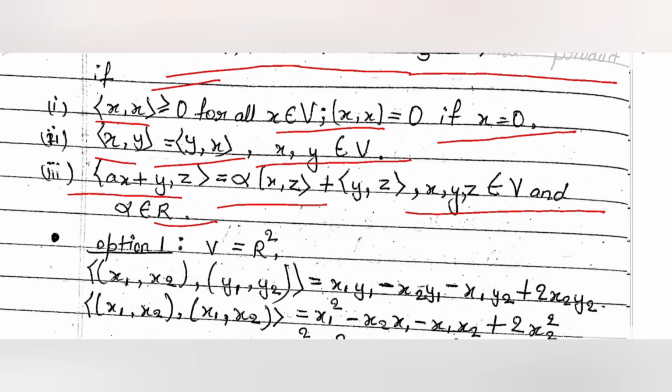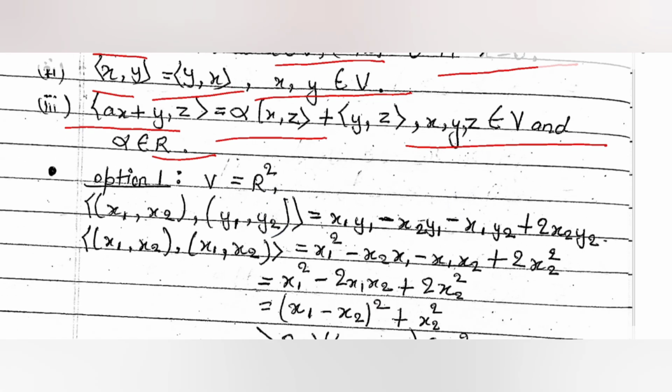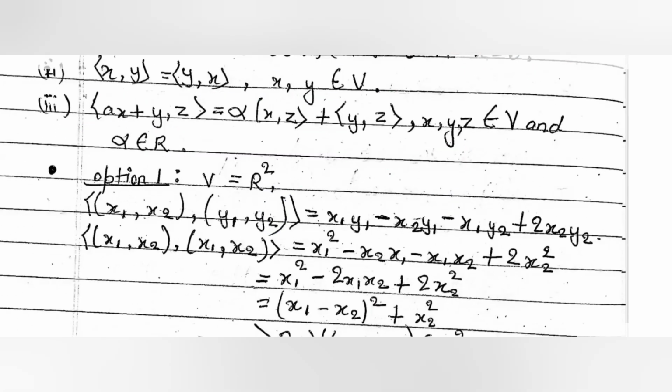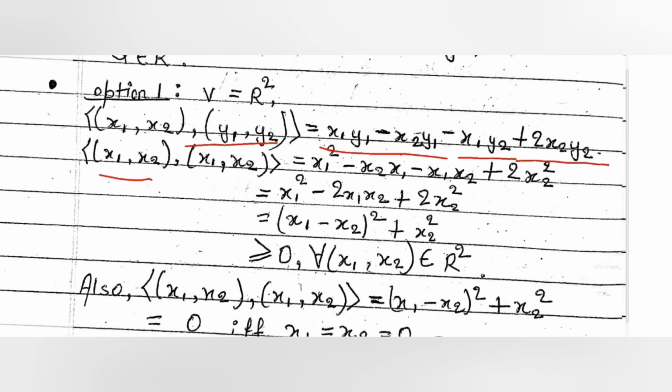Then we have our option number 1, which says that V is equal to R2. Then we have ⟨(x1, x2), (y1, y2)⟩ is equal to x1 y1 minus x2 y2 minus x1 y2 plus 2 x2 y2. Then ⟨(x1, x2), (x1, x2)⟩ is equal to x1 squared minus x2 x1 minus x1 x2 plus 2 x2 squared, that is x1 squared minus 2 x1 x2 plus 2 x2 squared.